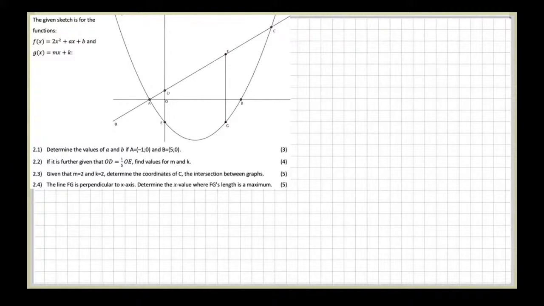So the given sketch is for the functions f of x equal to 2x squared plus ax plus b, so a parabola, and g of x equal to mx plus k. Now, before I answer any questions, what I would like to first of all do is analyze and get as much info from what has been given.